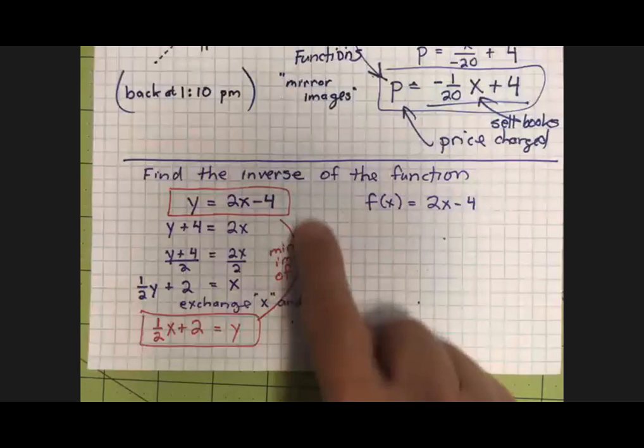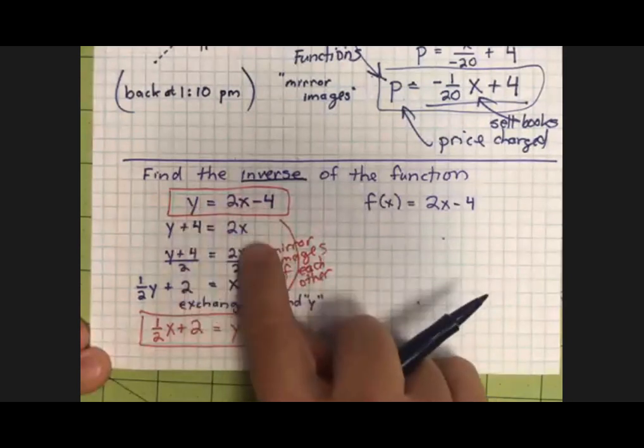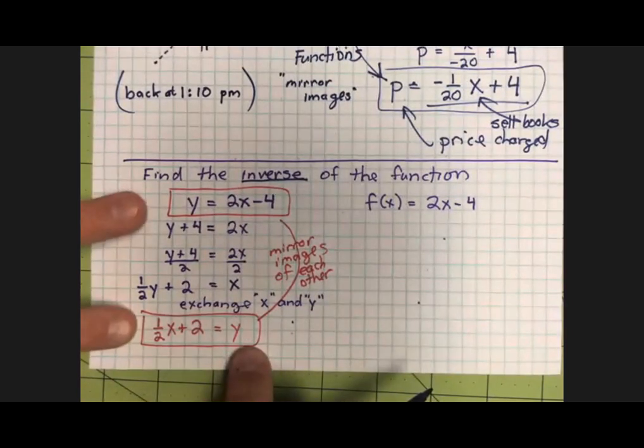If you want to find the inverse of a function, this is what you do. You turn it inside out. You solve for the x instead of the y. And then you switch the letters x and y so you can graph them on the same axes.